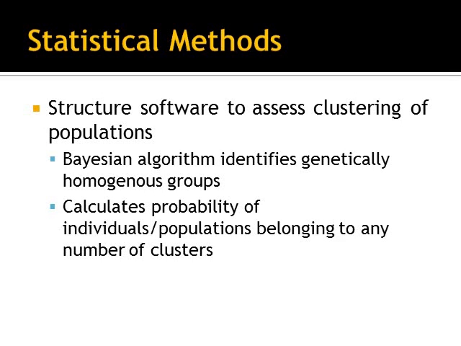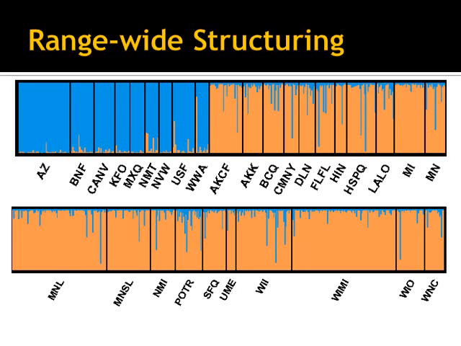And the number of clusters to be tested is determined a priori by the user. So you can test any number of clusters across the landscape and have Structure test all of them. And then there's a statistical method you can use to identify the most likely number of clusters on the landscape. I won't go into detail on that. This is easiest to explain by just showing an output from Structure.